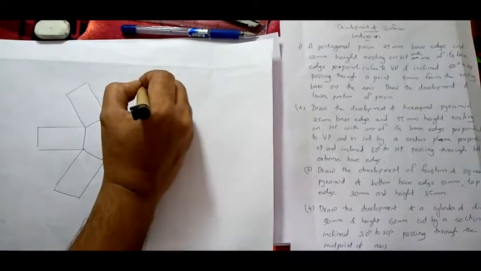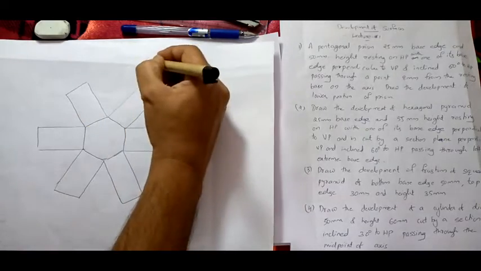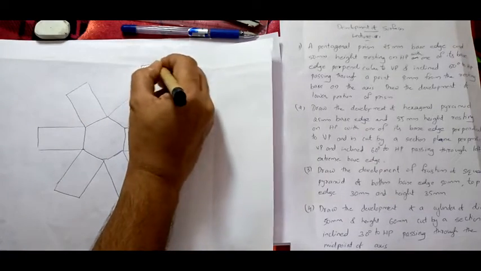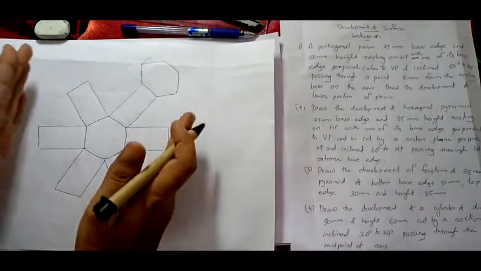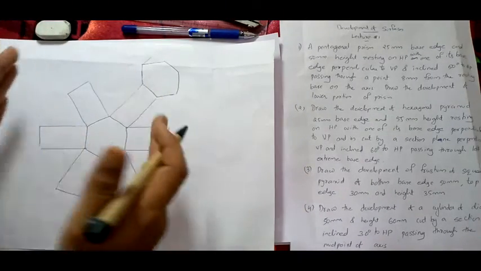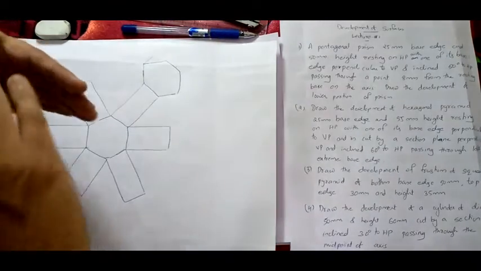Now in any one of these faces I am going to draw another hexagon, the same hexagon, same side. Now we will cut it by using scissors. You have to cut it, and then you have to fold it, and this will be on the top and this will form a hexagon.